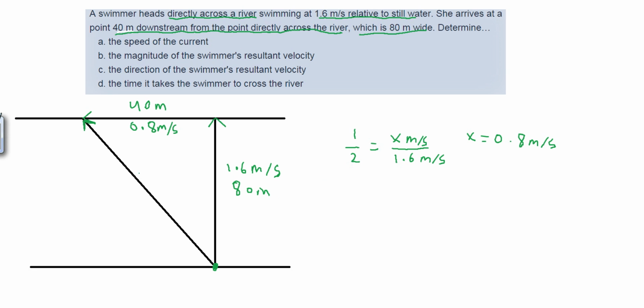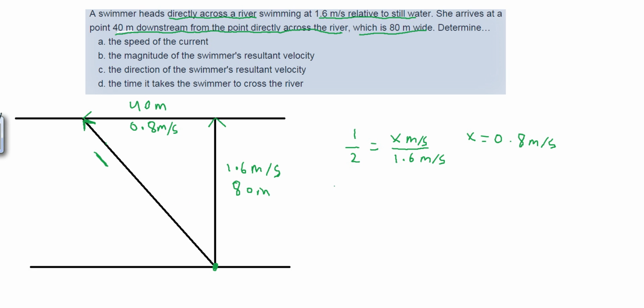The magnitude of the swimmer's resultant velocity. So we're looking at the velocity on this resultant line here, running in this direction. Okay, so we can use the Pythagorean theorem for this, because we know this velocity for this side, and we know the velocity for this side is 1.6, so we can use the Pythagorean theorem to figure out this side.